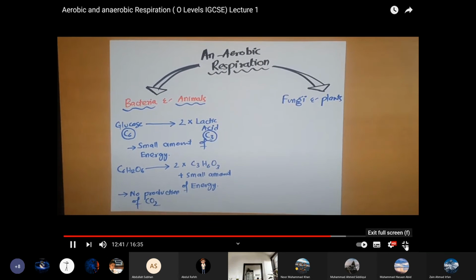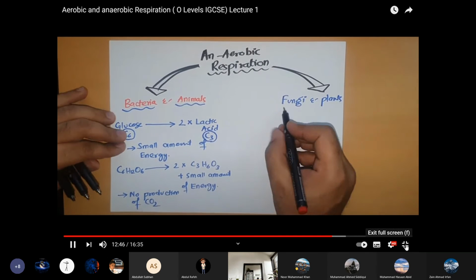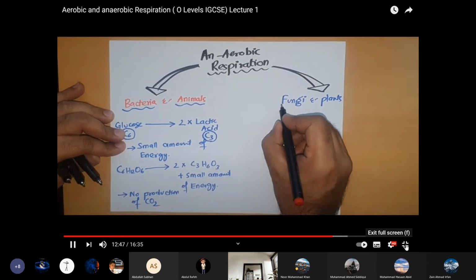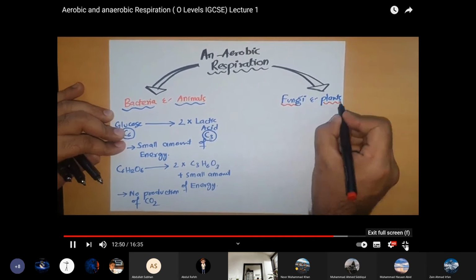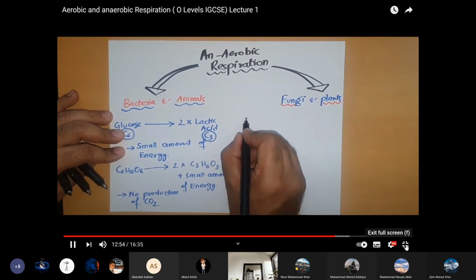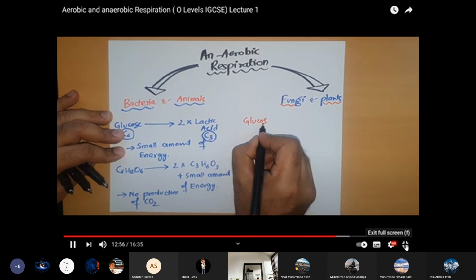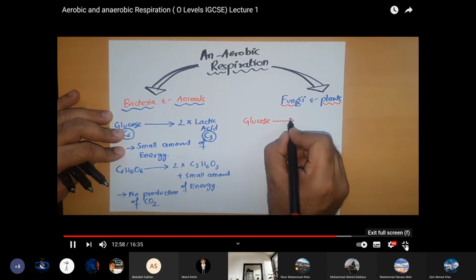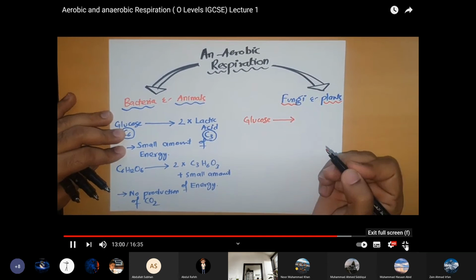Now here, the differences come between the fungi and the plants. Now let's discuss anaerobic respiration in fungi and plants. Again, there is one glucose molecule which will break down in the absence of oxygen in fungi and plants.